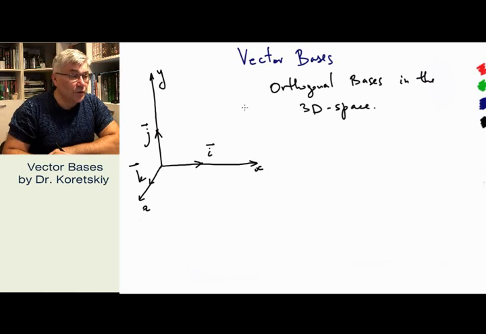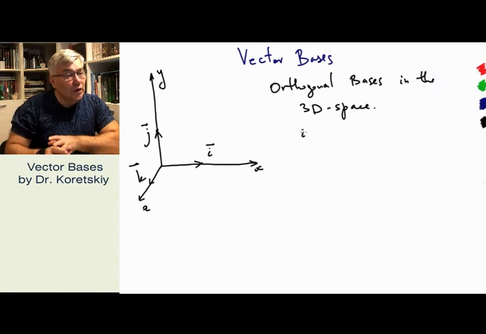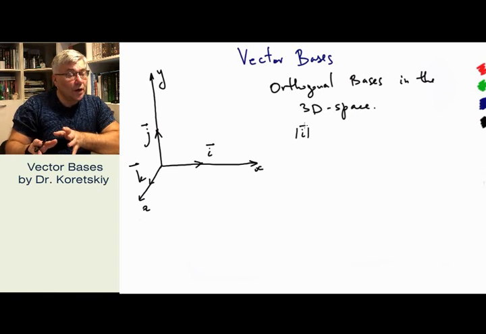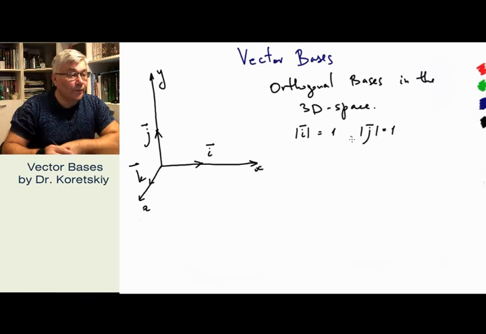They are unit vectors, and they are located in the directions: i is in the direction x, j in the direction y, and k in the direction z.